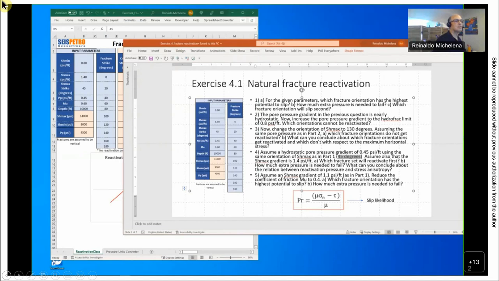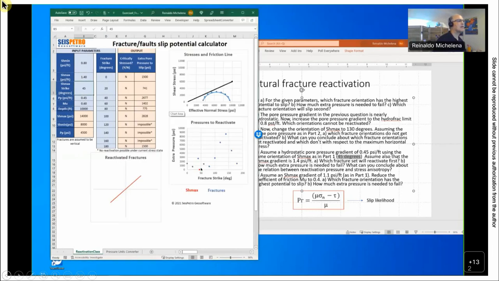So you come here, for this maximum horizontal stress, and again, it will be 20 degrees in this case. That didn't change. So it's the same fracture set that you are at risk of reactivating.